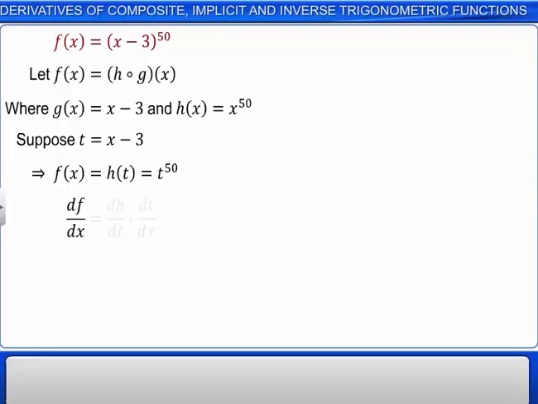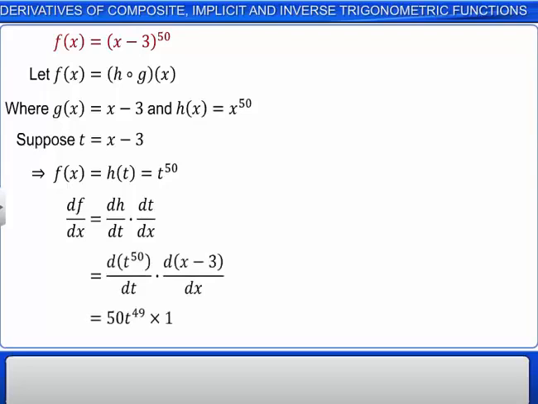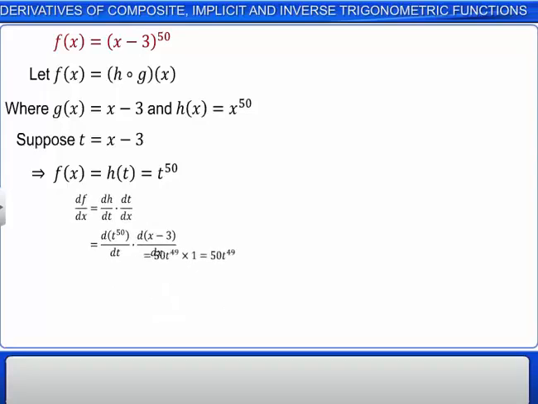Thus, df by dx is equal to 50 into t raised to the power 49. On substituting the value of t, we get the derivative of f of x with respect to x is equal to 50 into (x minus 3) whole raised to the power 49.